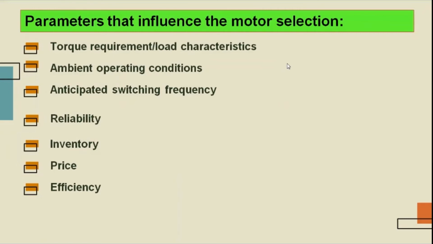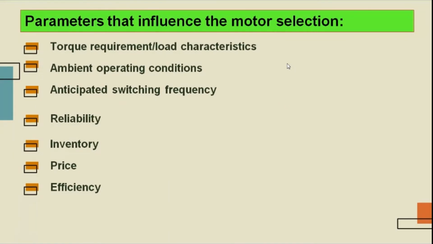The parameters which influence the selection of the motor are: torque requirement, load characteristics, ambient operating conditions, reliability, inventory, price, and efficiency. These are all the parameters which influence the selection of the motor. One by one we will see them in detail.